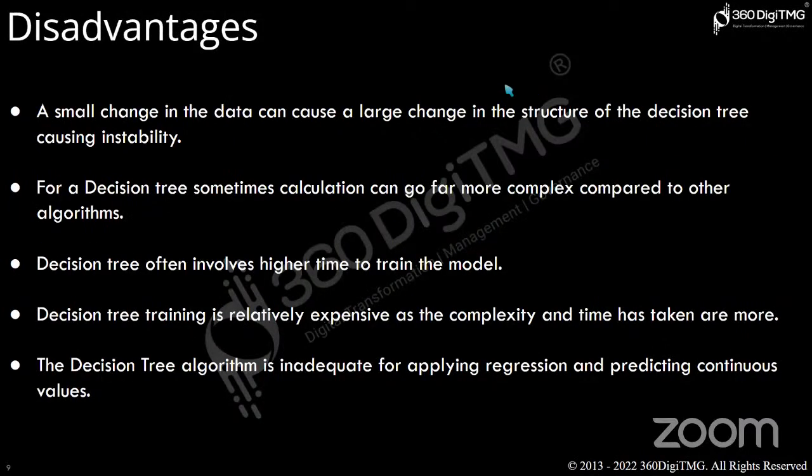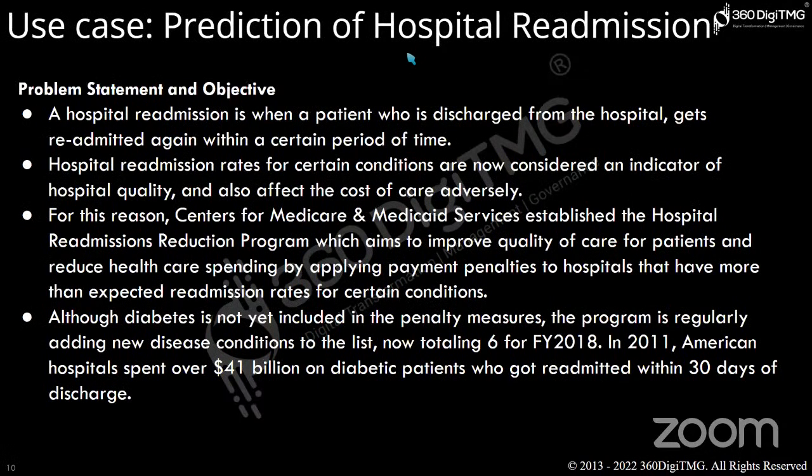So let us look at a small use case. The use case I've used is prediction of hospital readmission. So what is readmission? Hospital readmission is when a patient who is discharged from the hospital gets readmitted again within a certain period of time.